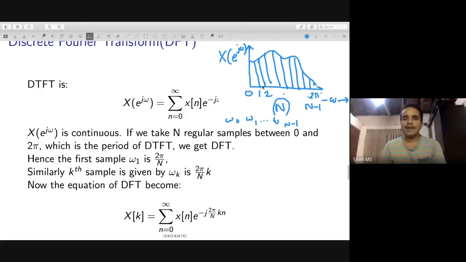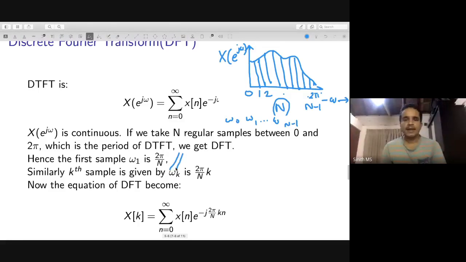What will be the value of the first sample, ω1? Here ω is from 0 to 2π, so what will be each division? Each division will be 2π by N because you have N divisions. So ω1 is 2π by N.